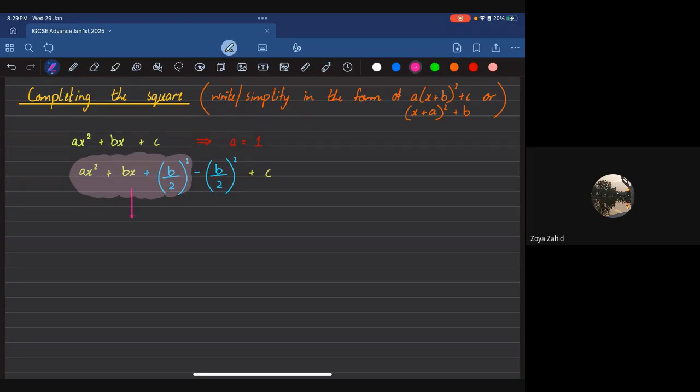This part is supposed to resemble a squared plus 2ab plus b squared. This entire part, I know it's difficult to understand how, is going to resemble this. And what is this equal to? If you look into our previous algebraic factorizations, this is equal to a plus b whole squared.